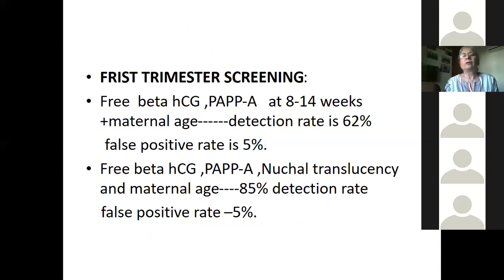You feed all these values in, and the computer calculates the risk and presents it to you. If you add nuchal translucency to these two tests, what we do these days is, in the first trimester when the woman comes, we do beta HCG, alpha fetoprotein, inhibin, PAPP-A, and nuchal translucency, and then you put it in.